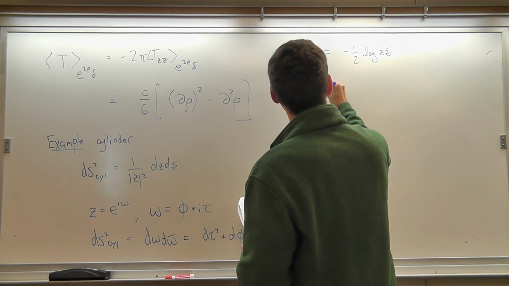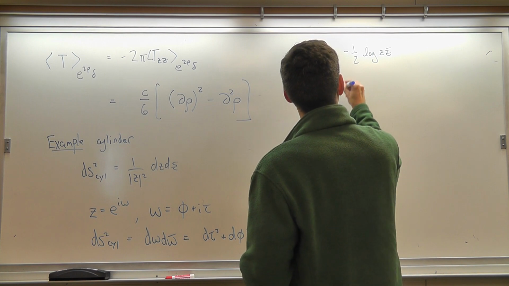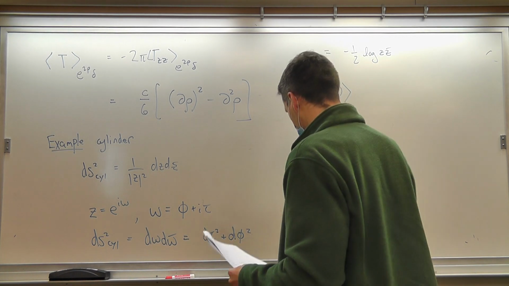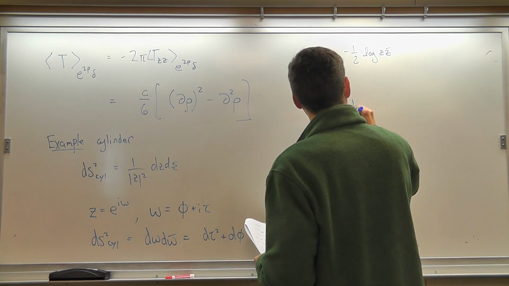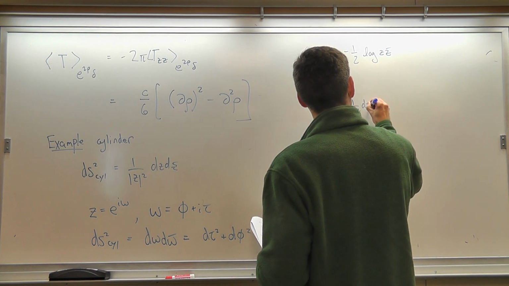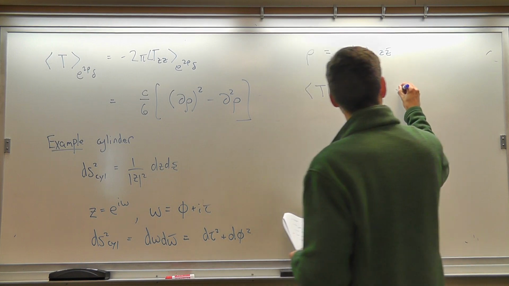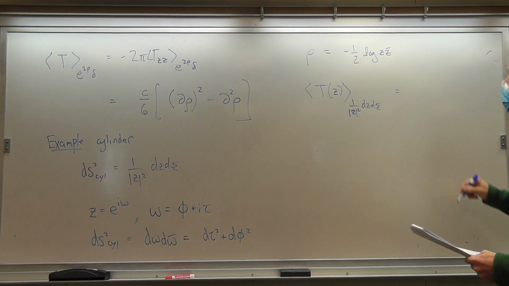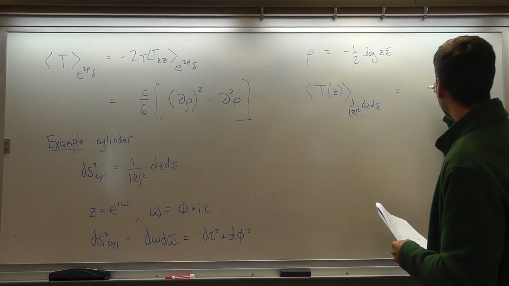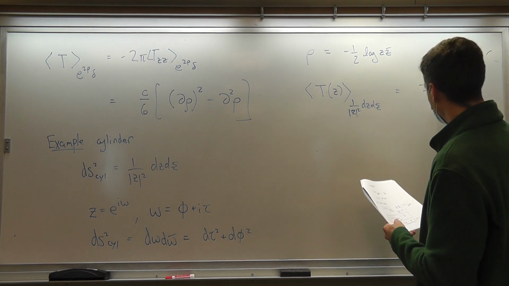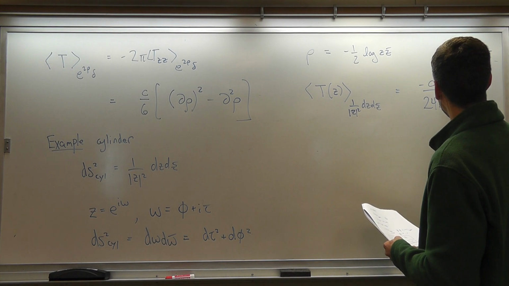So we plug that in, and we find T of z in the metric 1 over mod z squared dz dz bar. You just have to plug this rho into that formula there, and you'll get minus c over 24 z squared.